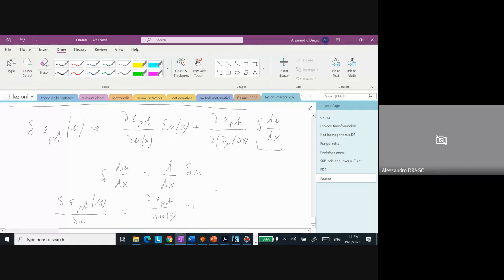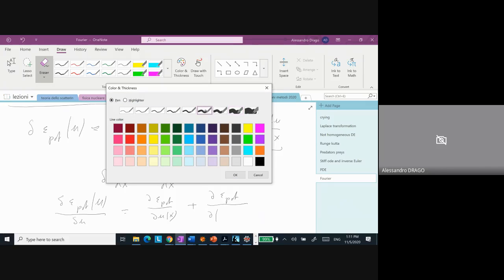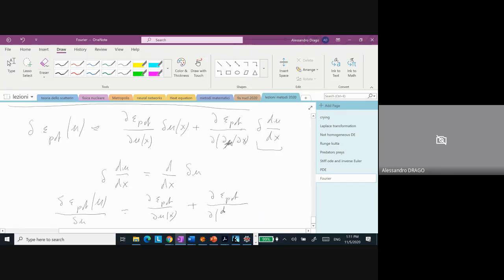The second term is the derivative of the potential energy with respect to the u over the x. And here, let me just write the derivative over the x.